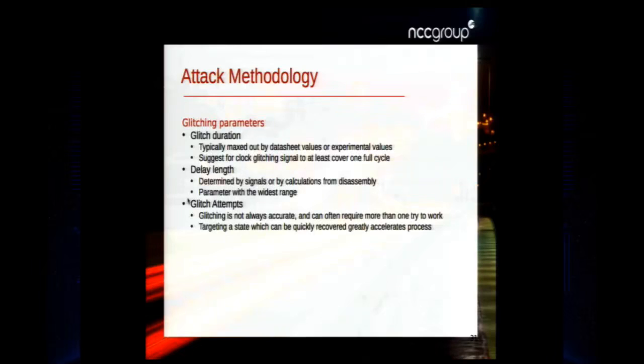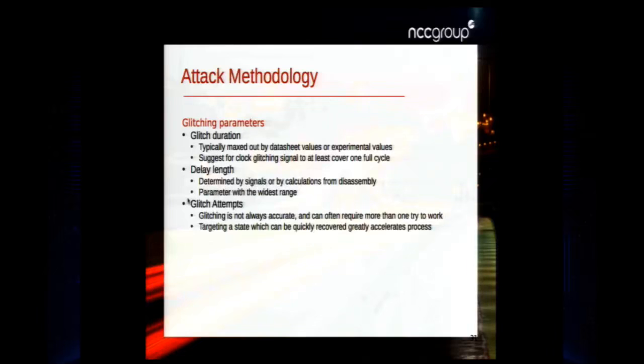The parameters that we're trying to get at are the glitch duration, which is the amount of time that we send our glitch signal out. The glitch signal could be anything from our clock glitch signal, or the amount of time we brown out the device, or the power supply to the device.